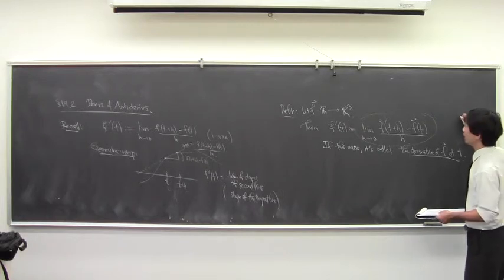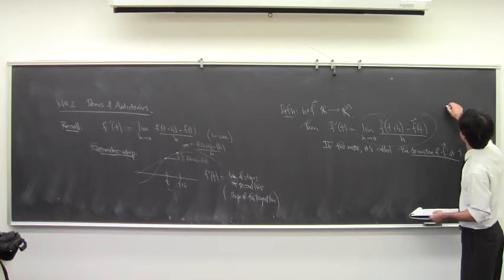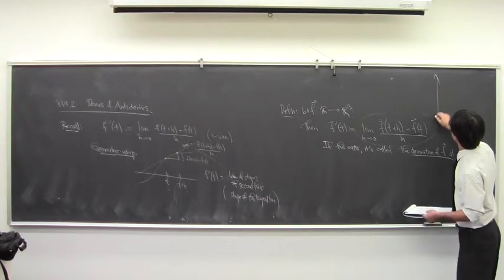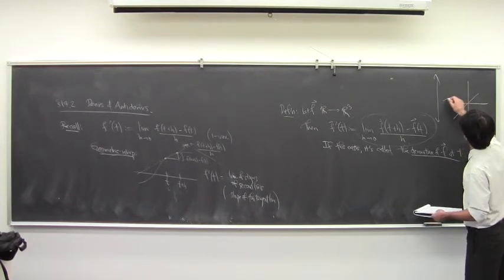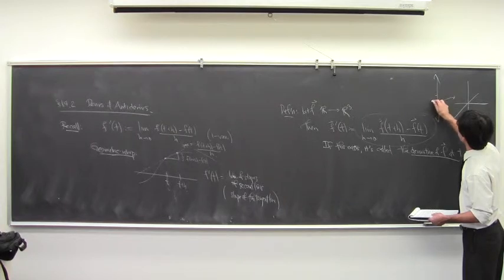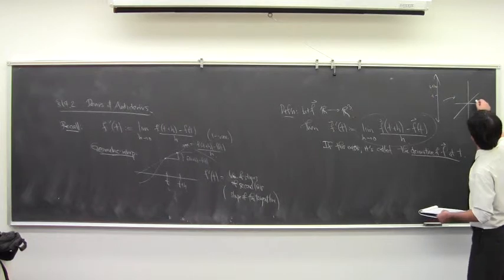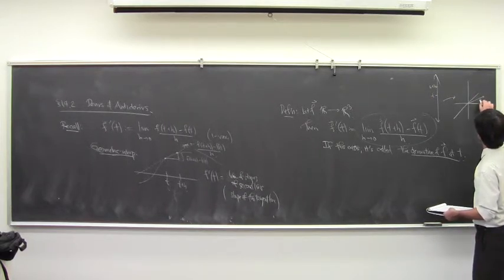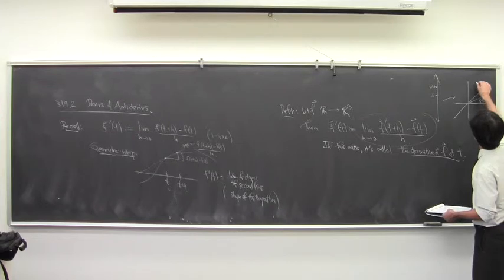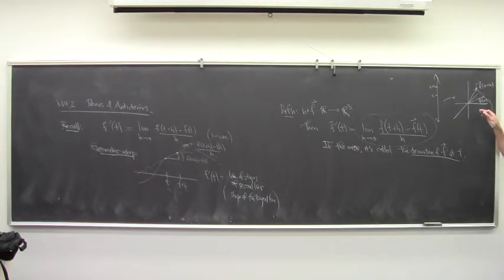And pictorially, you have something like this. Here's t plus h, and then you're going to have f of t and f of t plus h. So you take that difference. You remember what the difference looks like.